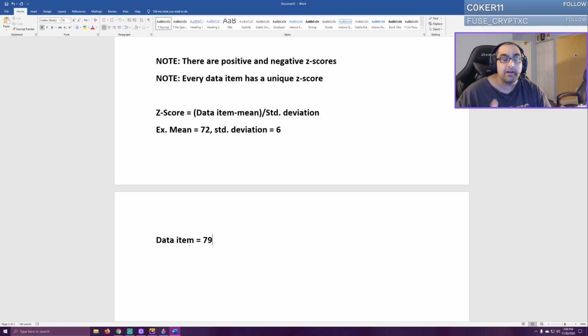Now, I could write out the chart like I did before, but 79 may not appear on the chart because there's only a limited number of data items that you can write down. So instead, that's where we use this z-score formula.